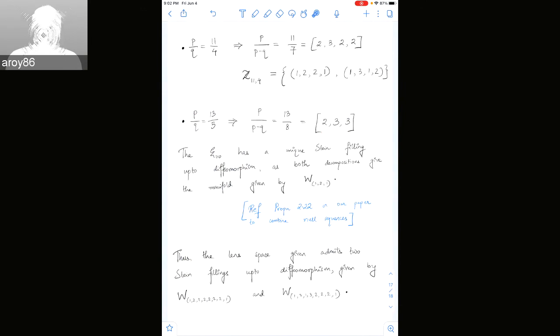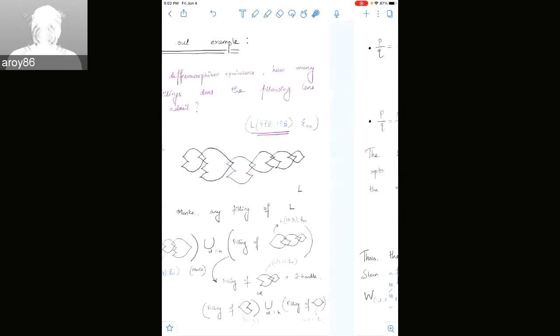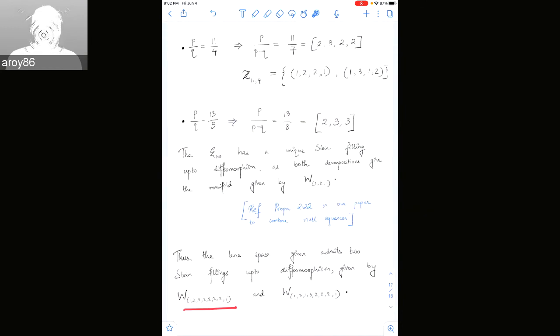We give more details about how to combine these Stein fillings and the null sequence you get in Proposition 2.22 of our paper. I'm also happy to talk about it in office hours if anyone wants more explanation. But the upshot is that once we get the null sequences for here and the null sequences coming from here, we can combine them to see that you get two Stein fillings of L(478, 175), and they're given by these two null sequences.